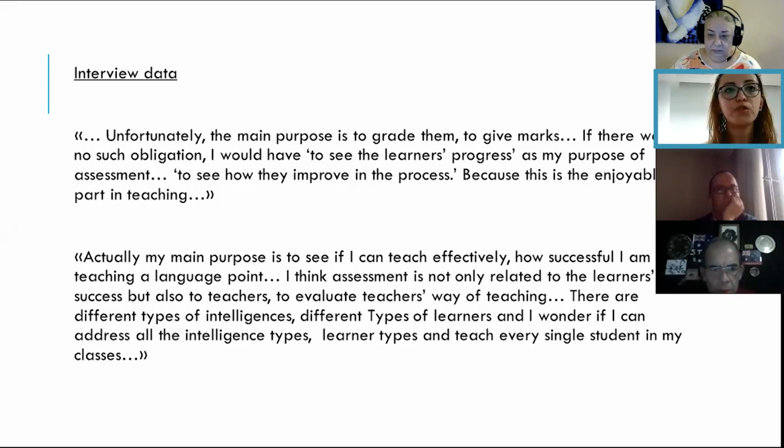There are different types of intelligences, different types of learners, and I wonder if I can address all the intelligence types, learner types, and teach every single student in my classes. This teacher looked at assessment on the side of himself, and by assessing her learners, she also assesses herself, her way of teaching, I guess.